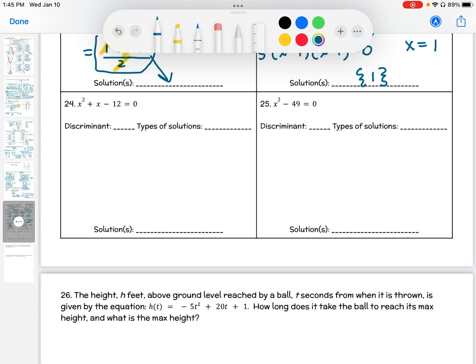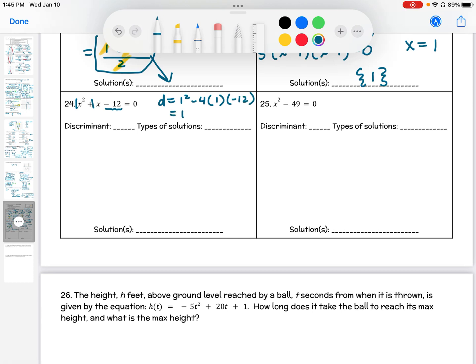All right, number 24. Now we're going to do the exact same thing. Discriminant equals b, in this case, is 1. So we'd have 1 squared minus 4 times a is also 1. And c is negative 12.